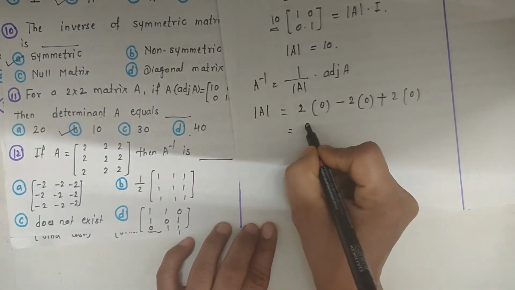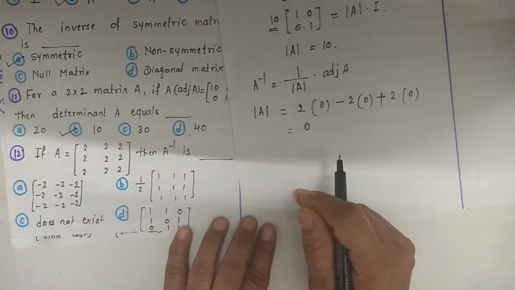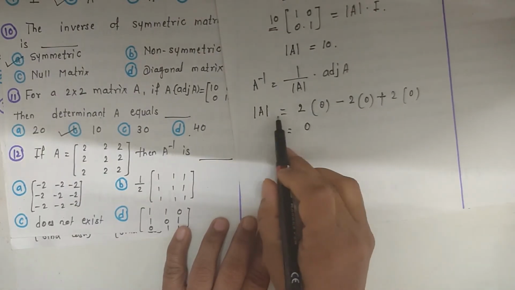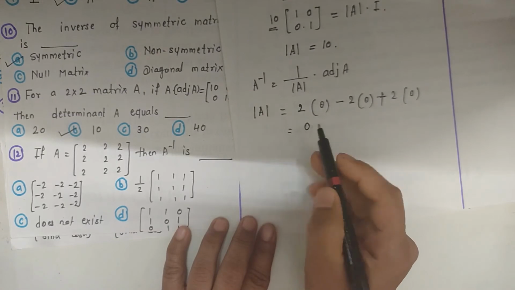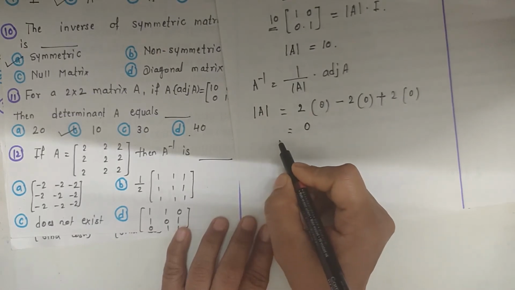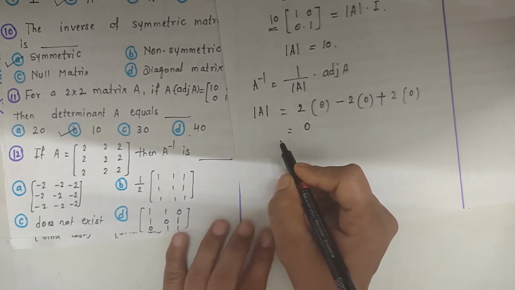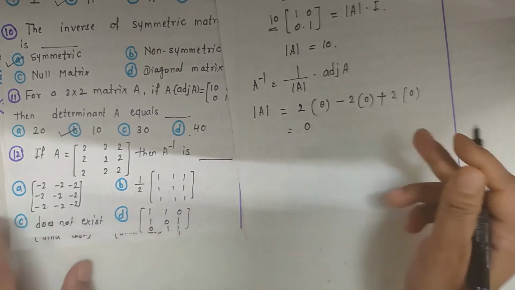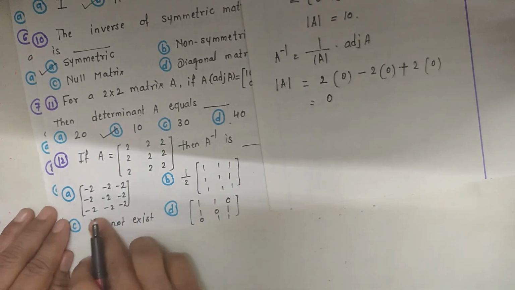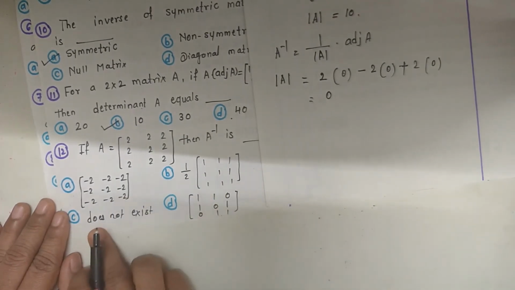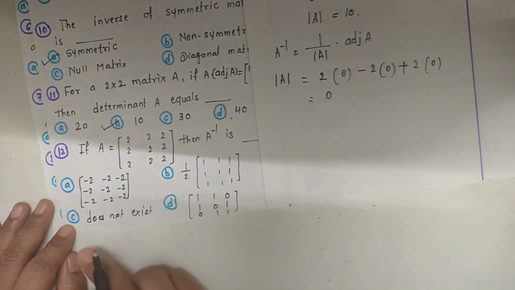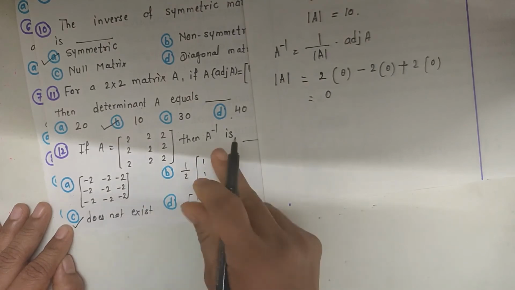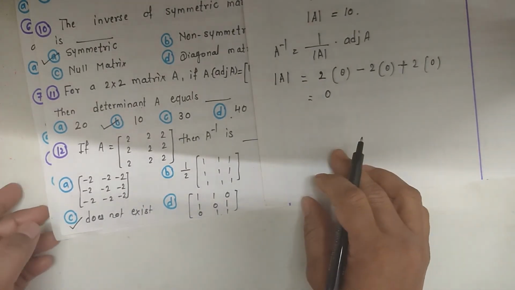So determinant is equal to 0, and we know if the value of determinant of any matrix is 0, then that matrix is singular and the inverse of that matrix does not exist. So here there are 4 options, and option C is correct. The inverse of this matrix does not exist.